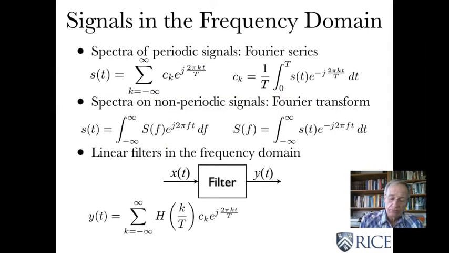If it's periodic, we use the Fourier series version of things, and if it's not periodic, we use the Fourier transform version of things. I would always decompose a signal into its periodic and non-periodic parts, and then filter each separately, and then add the results back in. Superposition we use over and over and over again.